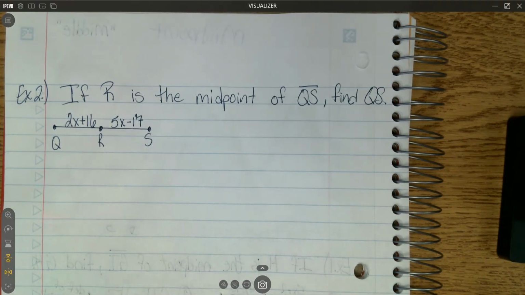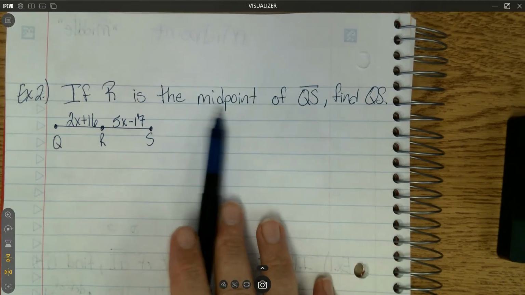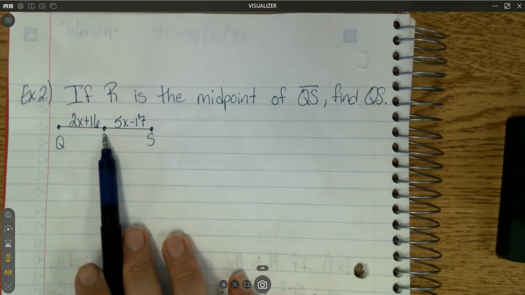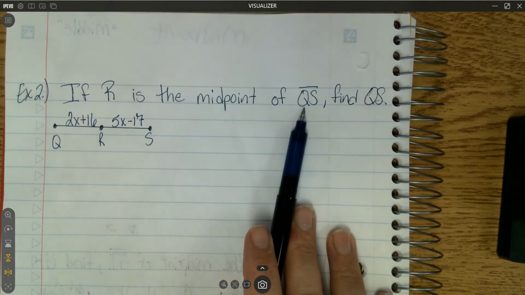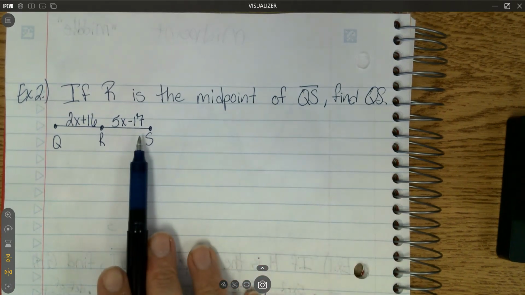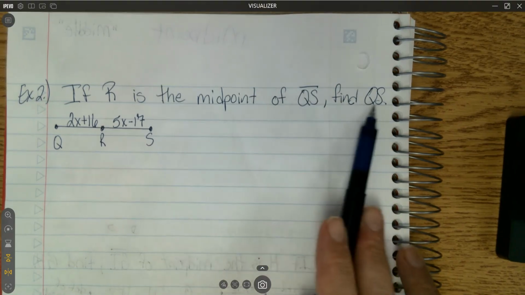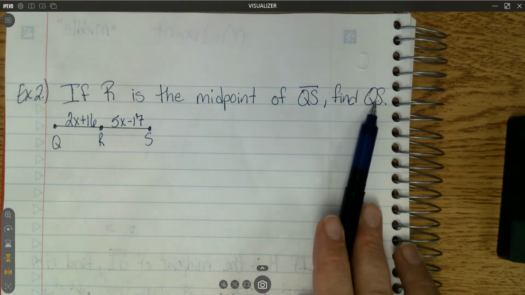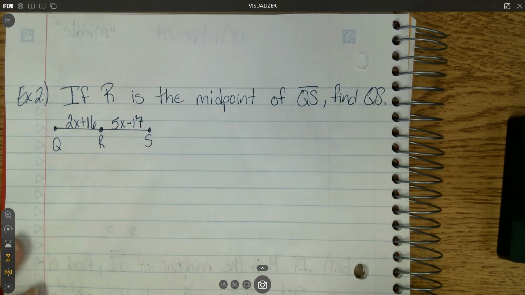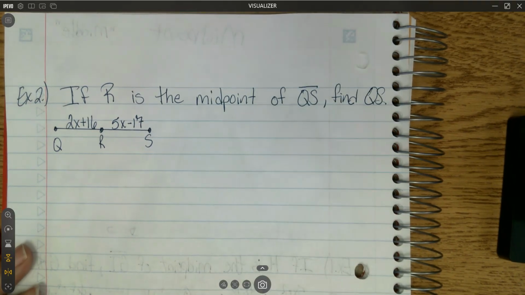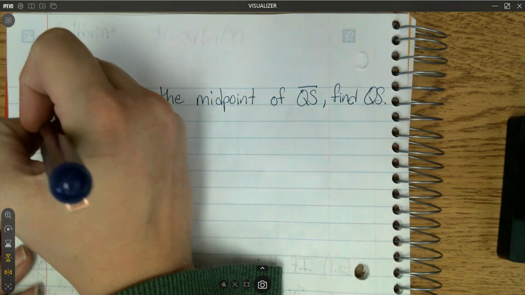All right, so how's this one a little different? If R is the midpoint, so point R is the midpoint of segment QS, find the number. That's why they don't have the segment drawn above it. Difference between congruent and equality.